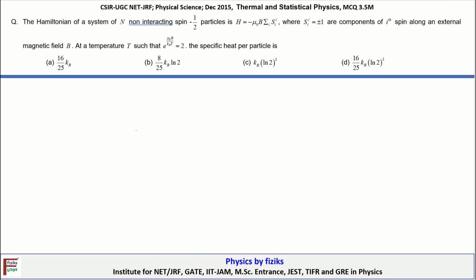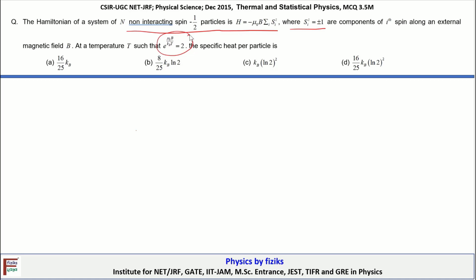Let's continue with the next problem. The statement is: the Hamiltonian of a system of n non-interacting spin half particles is given by this expression, where Sij is equal to plus minus 1 are the components of the ith spin along an external magnetic field B at a temperature T such that exponential mu 0 B upon kT is equal to 2.